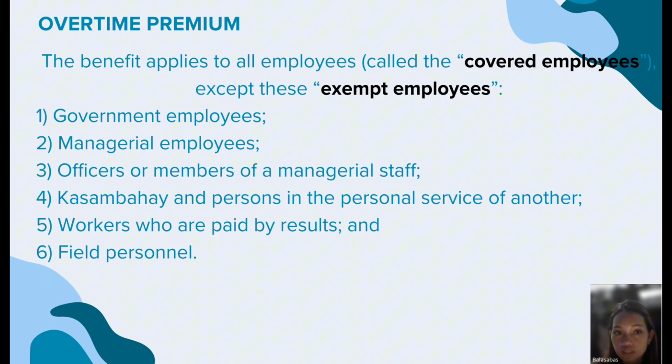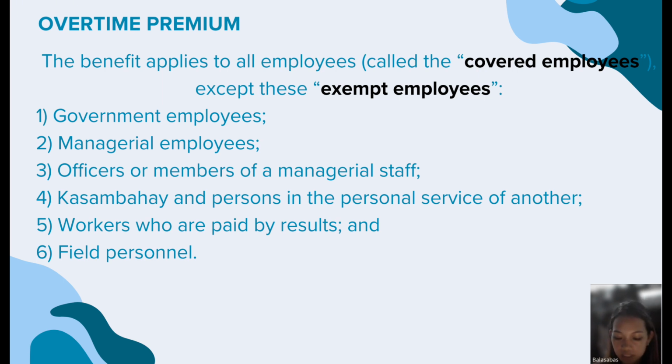So for this overtime premium pay, we have eligibility of employees. This benefit applies to all employees that we call covered employees, and there are also exempt employees. Listed below are the exempt employees.